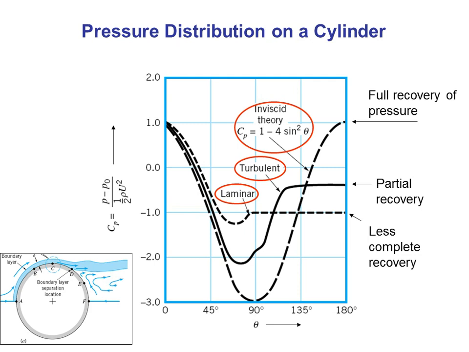The turbulent one separates a bit later, about that point there. So the laminar one separates here. The turbulent one separates later, maybe 90, 100, 110 degrees like that. And there's more recovery. You can see the pressure recovers more.